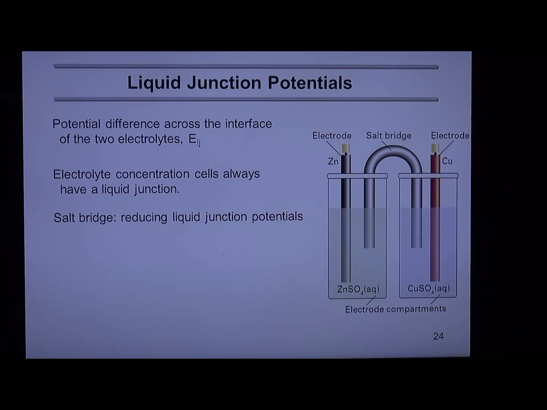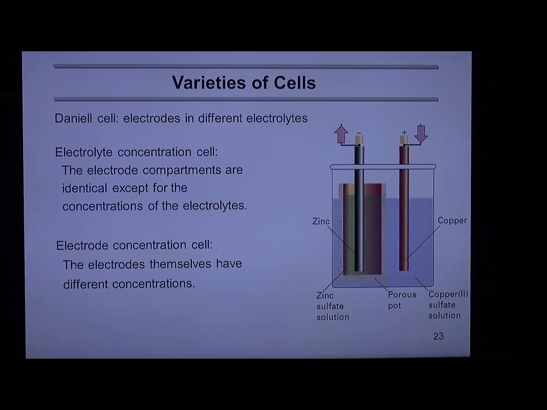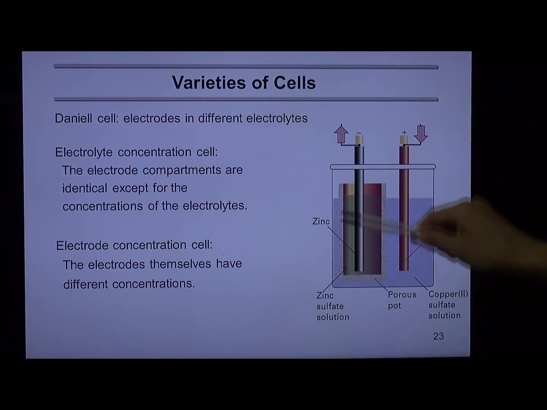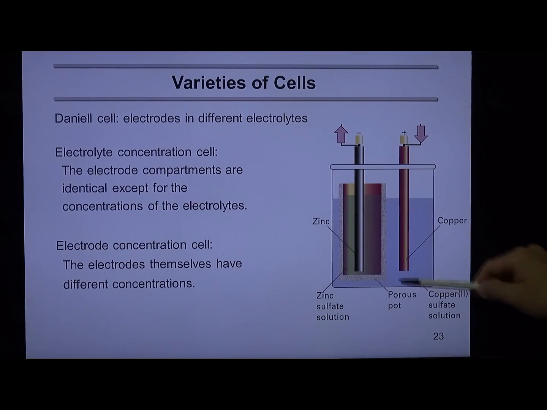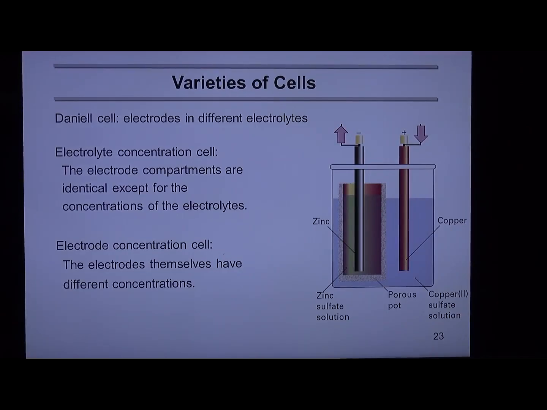So we commonly encounter this kind of electrochemical cell: two electrodes and a common electrolyte solution. But in some cases, this electrode has this electrolyte solution and this electrode has that electrolyte solution. Some cells have a different electrolyte for each electrode.